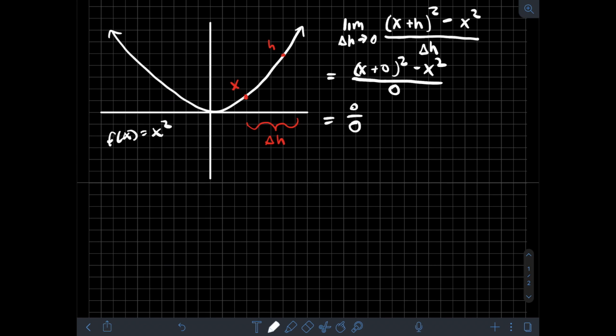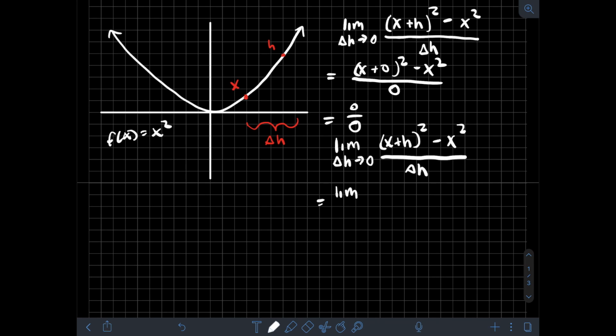This gives us an indeterminate form, and like last time, we're going to need to manipulate this limit before we can actually solve it. So I'm going to rewrite our limit. We have the limit as delta h approaches 0 of (x plus h) squared minus x squared all over change in h. And I'm going to go ahead and try to expand these brackets.